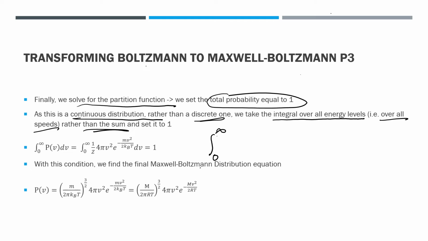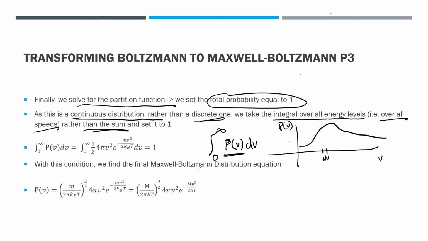So we integrate over all speeds p of v dv. What exactly is this doing? This is saying let's take the probability of a little tiny section. If I draw this probability density curve, it'll make more sense. When I integrate, I'm taking a tiny dv, a tiny change in my velocity. This is my v, this is my p of v, and I want to take the area under this curve.